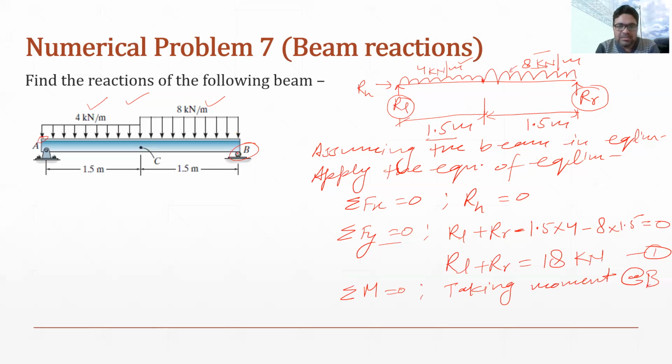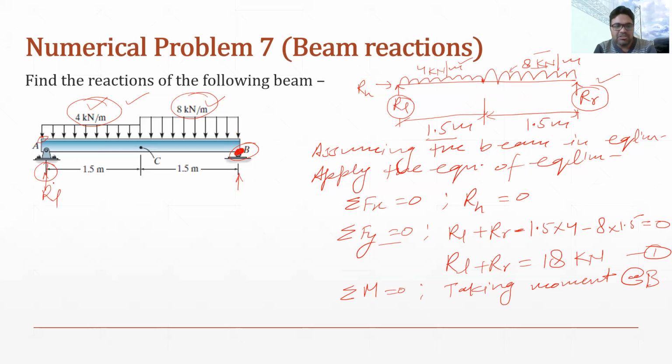So this time I will assume that all the forces are rotating about point B. What are the forces? One is this reaction RR, and there is this reaction RL. And there are these UDLs, which are also rotating. First, we will consider the effect of RL.